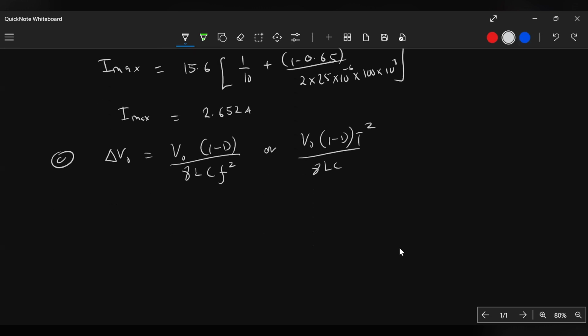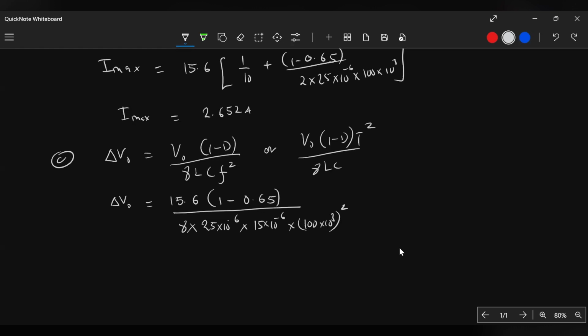So delta V is equal to the output voltage found, 15.6, times (1 minus 0.65), divided by 8 times the inductance, which is 25 microhenry, times the capacitance, which is simply 15 microfarads, times the frequency, which is 100,000 squared.